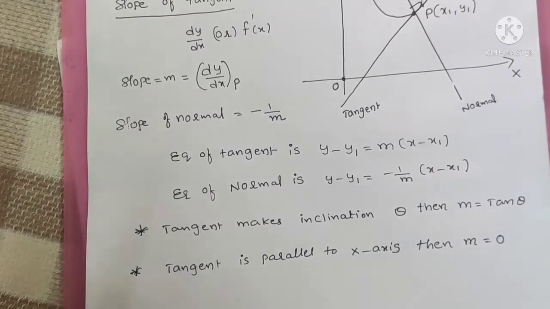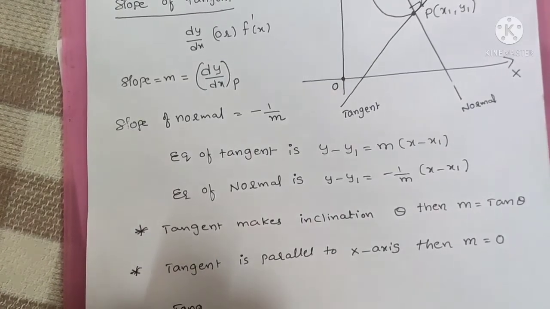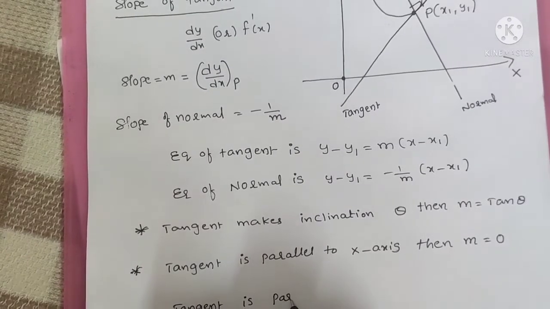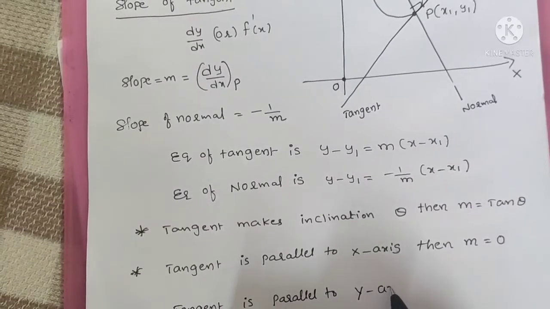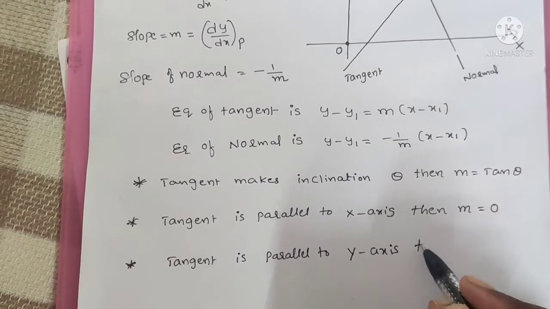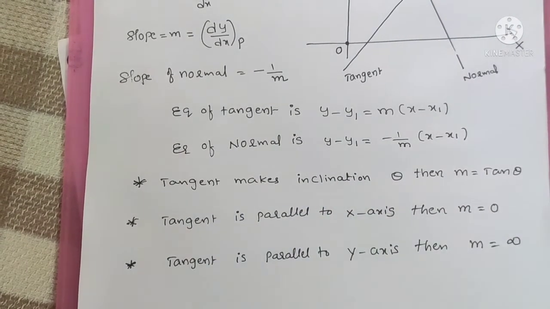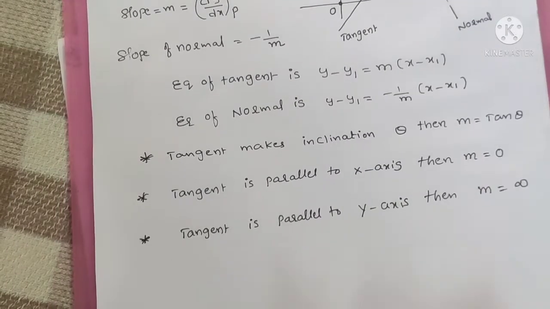Next condition, tangent is parallel to y-axis. If tangent is parallel to y-axis, then slope is equal to infinity. Why? Because the slope of y-axis is infinity. That's why the slope will be equal to infinity.